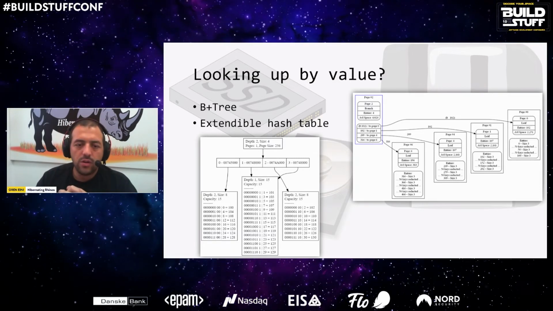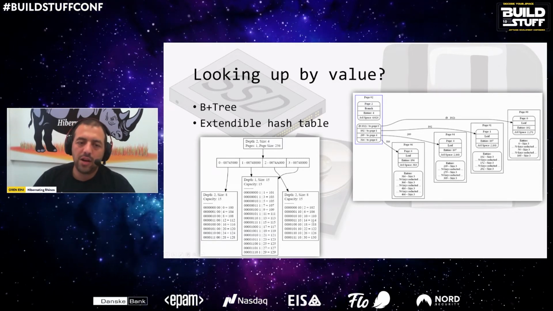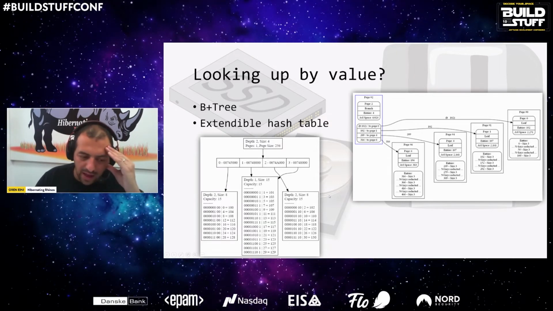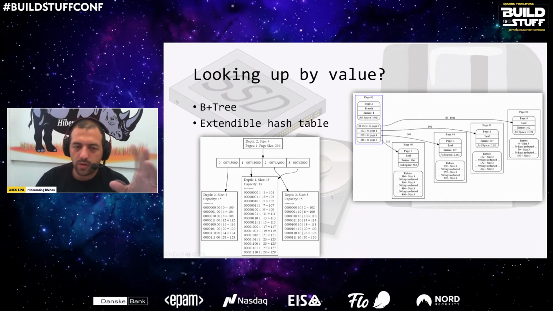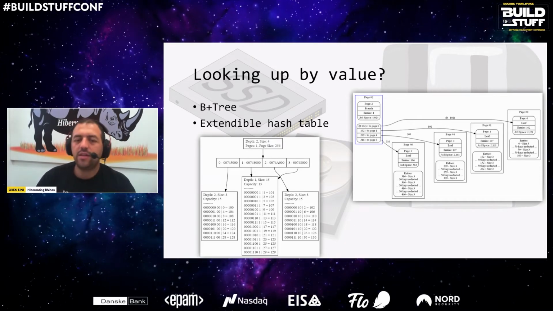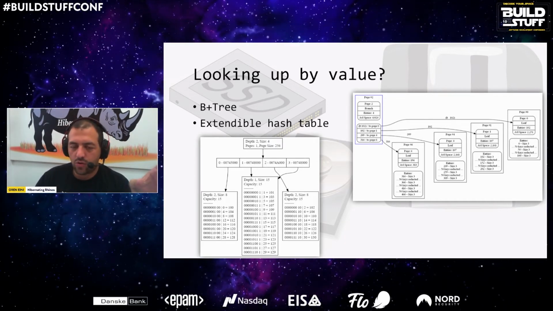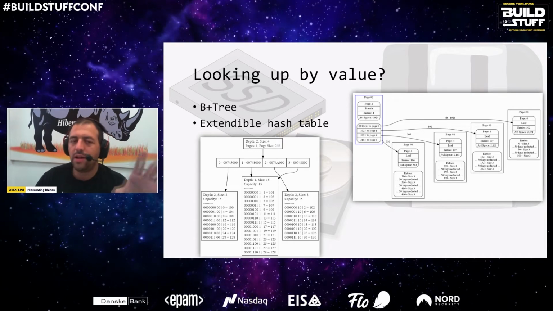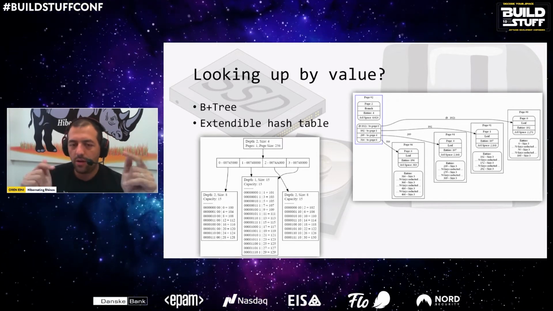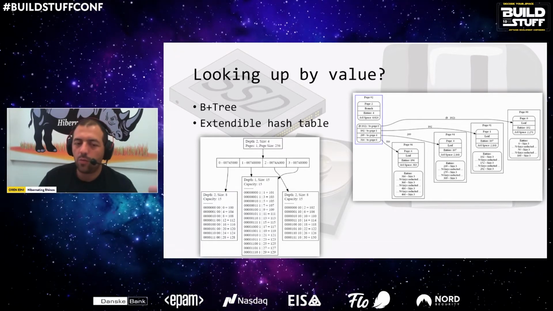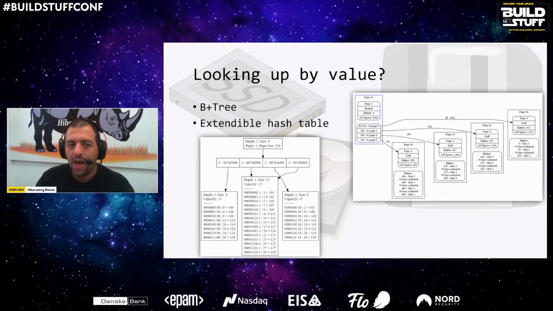The other thing that you have is extendable hash table. I spent a lot of time thinking of how you can implement a hash table on persistent storage. Everything that I did was extremely complex and unworkable. And then I read the paper on extendable hash tables, and it was like, wow, this is amazing. This is a really beautiful scenario.